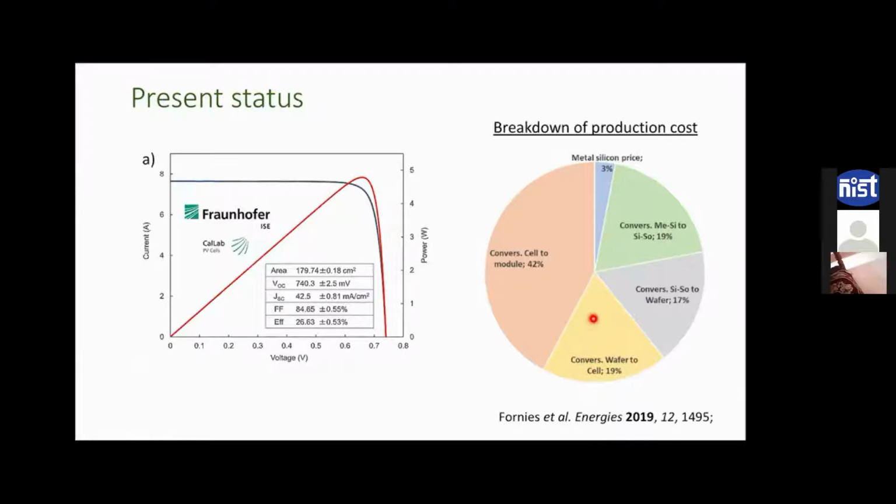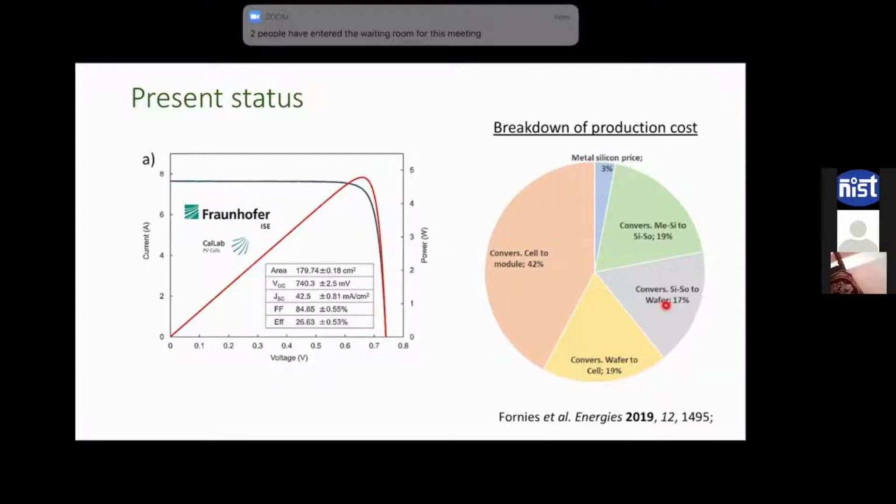Now, let's look at this region. This region indicates the production cost that a silicon solar cell takes while making a crystalline silicon single junction solar cell from the solar grade wafer. Once you have a solar grade wafer, you are fabricating the solar cell from that wafer, right?